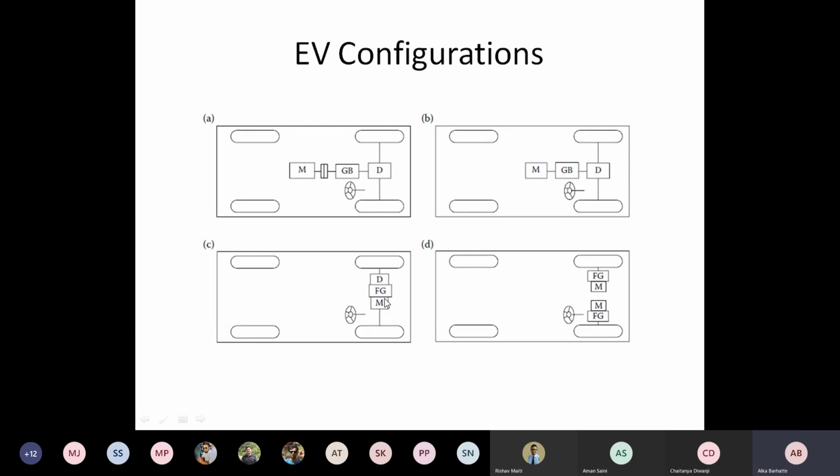So the motor is directly controlling the differential, and that differential is used to give different speeds to the left and right wheels. So this is how the structure has been modified, where first clutch pads are removed, then the gearbox itself is removed, and directly your motor is driving the differential.